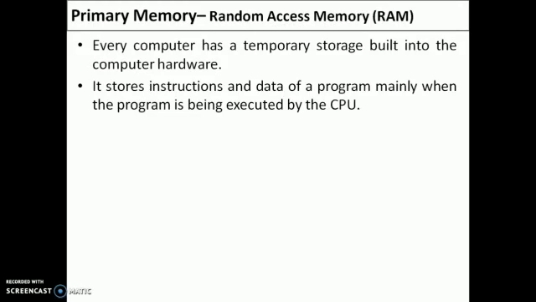The program which is currently being executed by the CPU. I mean to say, you are typing a document in MS Word software, and the typed document, that is the input given, will be stored in RAM. Say you are listening to music software, and the input given, a song, will be stored in RAM.